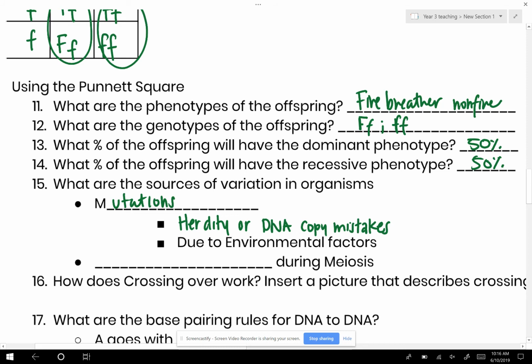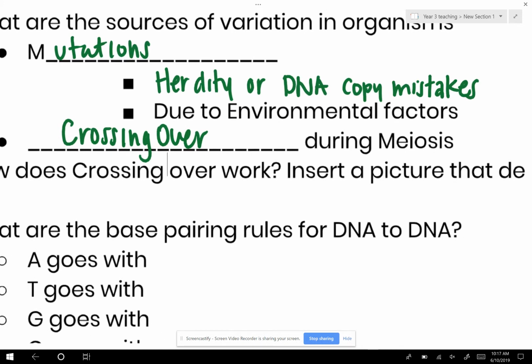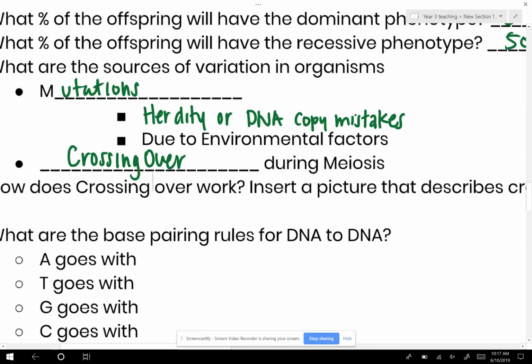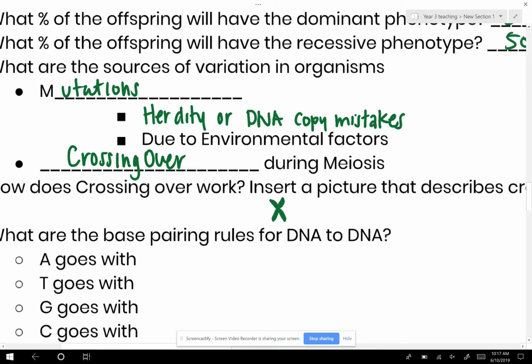Okay, the next way is to describe crossing over. So in crossing over, we have two chromosomes. I'm going to have my green chromosome that looks something like this, and then I'm going to have a blue chromosome that looks something like this.